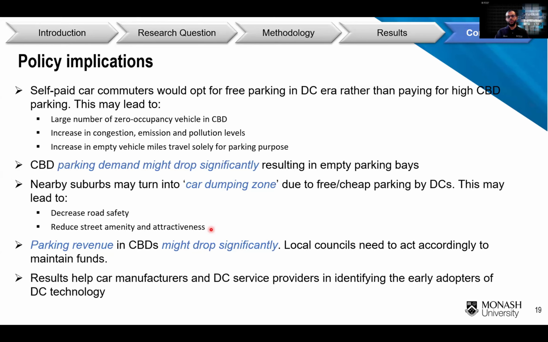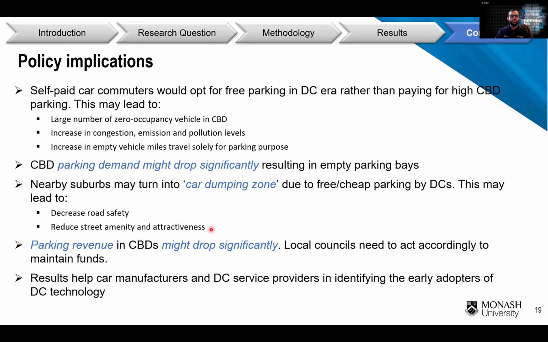Consequently, the parking revenue coming from these CBD or downtown parkings will drop significantly. So local councils and other authorities may have to act accordingly to maintain their funding and development projects.